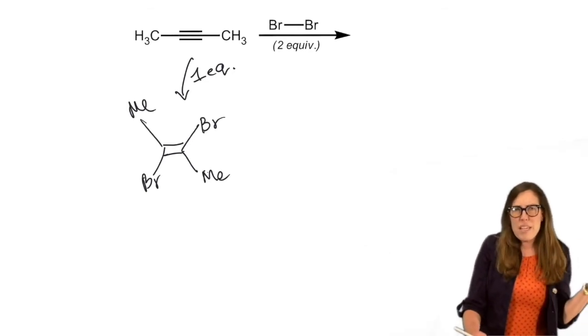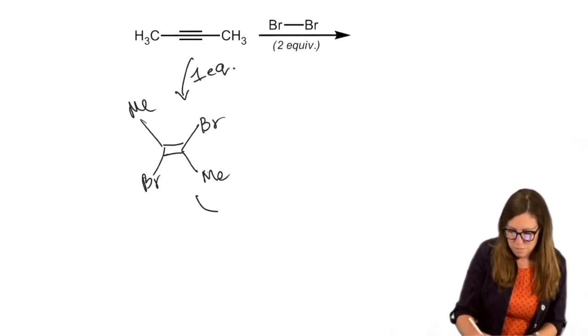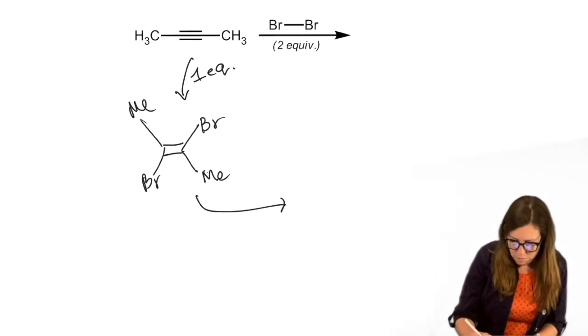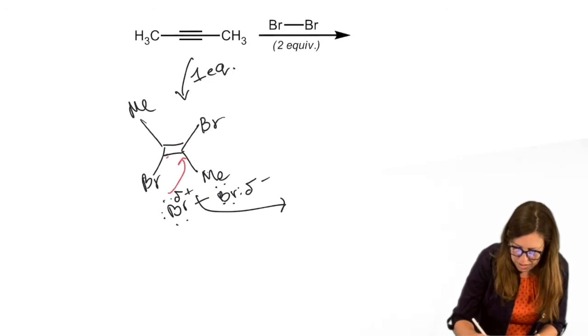Okay, now let's get ready for the second equivalent. And we're starting with an alkene. We know how to do this. So I could just say, look at the previous chapter, but it doesn't hurt to revisit these mechanisms. So Br delta plus, Br delta minus. Okay, so we do our bromonium ion intermediate.